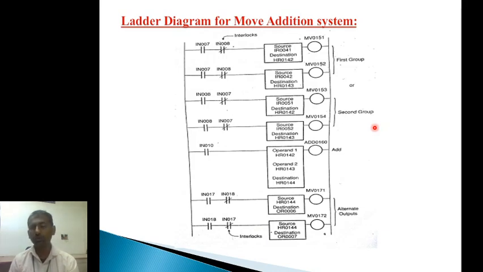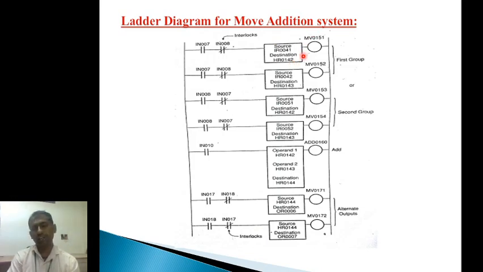How we do it, let us see. Here IN008 and IN007 are for interlock purposes. That means once one is operating, the remaining are off. Suppose IN007 is on, then the IR0041 register value will be transferred to the HR0142 register.